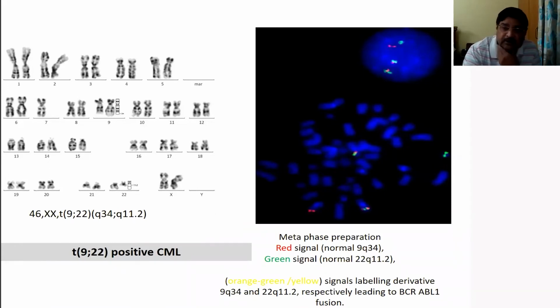Like in the upper nuclei, these are all interphase cytogenetics. You can see that there is a fusion signal, and in this metaphase also, you can see a fusion signal. So there will be one green, one red, and one fusion, if it is positive for t(9;22). Next.